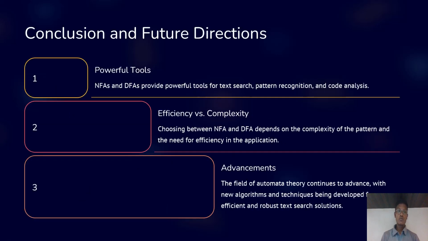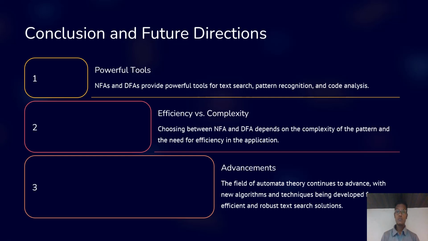Next one is conclusion and future directions. A powerful tool: NFA and DFA provide a powerful tool for text search, pattern recognition, and code analysis. And next is efficiency versus complexity. Choosing between NFA and DFA depends on the complexity of the pattern and the need for efficiency in the application.